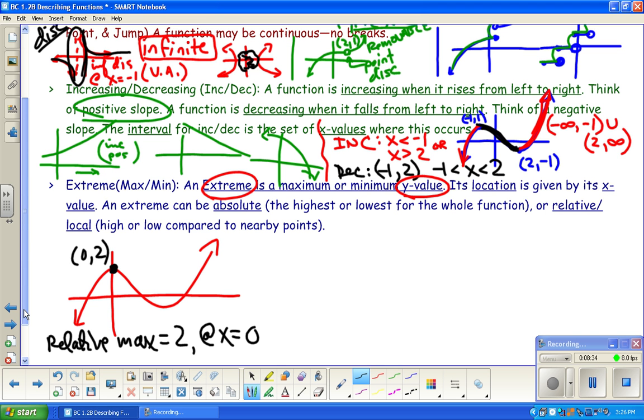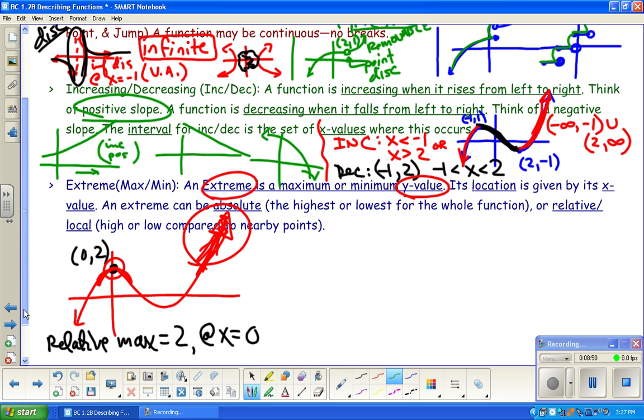Don't just write 0, 2, because then that masks the issue of, do you understand that the maximum is actually 2? Now it's a relative maximum because there's this spot over here to the right where this function is actually higher than the maximum. So it's a maximum compared to the points it's near, but not compared to these guys over here.